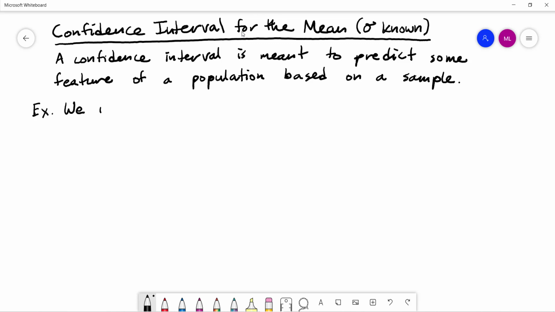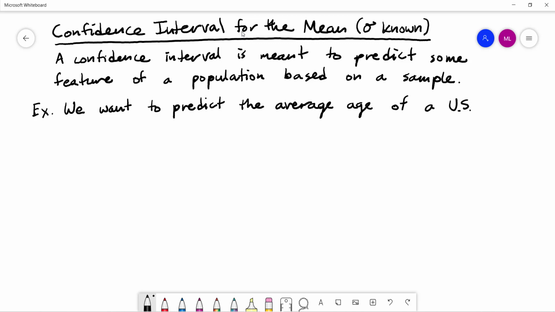So we want to predict the average age of a US citizen.